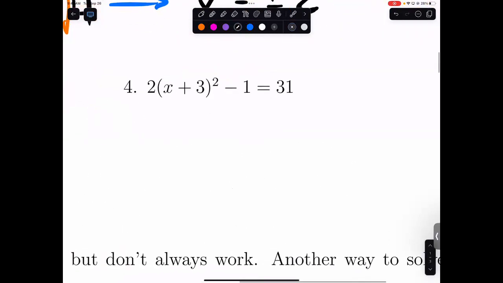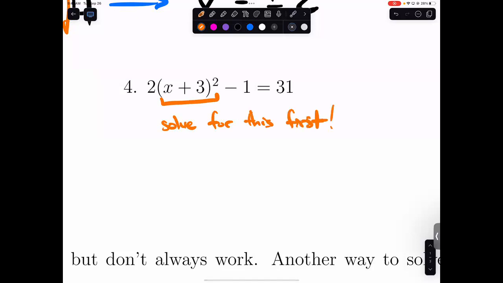For something like number 4 then, which I'm going to leave for you to do, same idea, but first I need to solve for that. Move stuff around, so add 1 to both sides, divide both sides by 2, get the square term by itself.